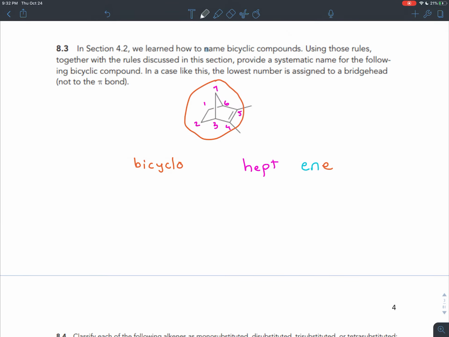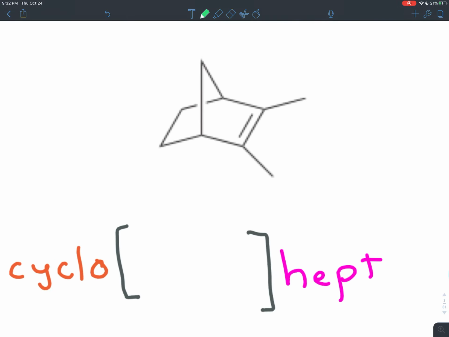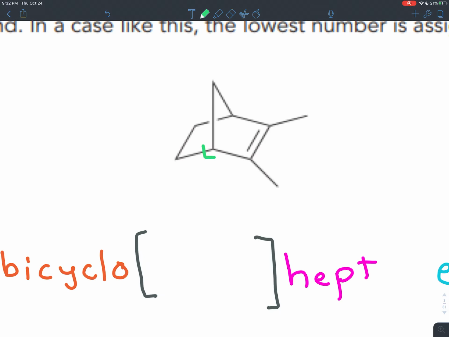And remember that always when you have bicyclic compounds, in between the bicyclo and the parent name, you have brackets. And inside the brackets, you're going to say how many carbons you have on each side of the bridgehead carbons. The bridgehead carbons are the carbons where the 2 rings meet.